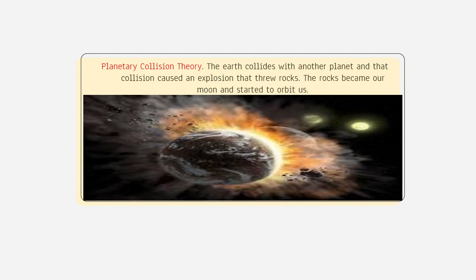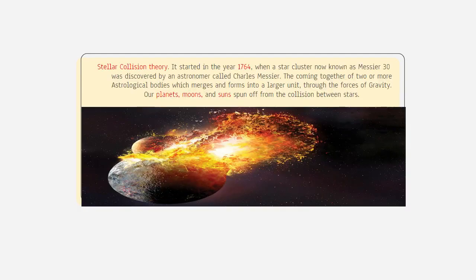So, next one, we have the stellar collision theory. It started in the year 1764 when a star cluster known as Messier 30 was discovered by an astronomer called Charles Messier. So it is the coming together of two or more astronomical bodies which merge and form into a larger unit through the force of gravity.